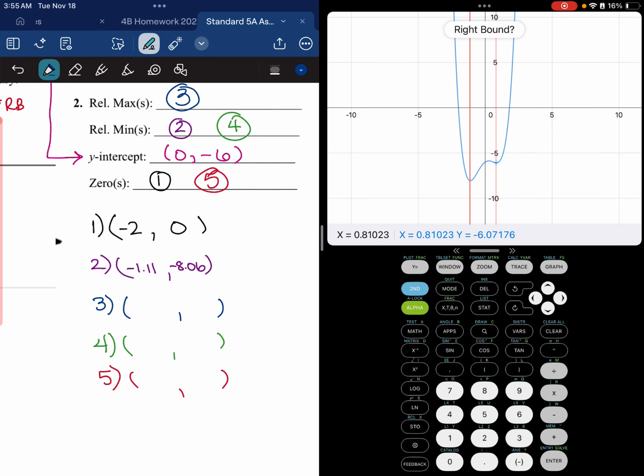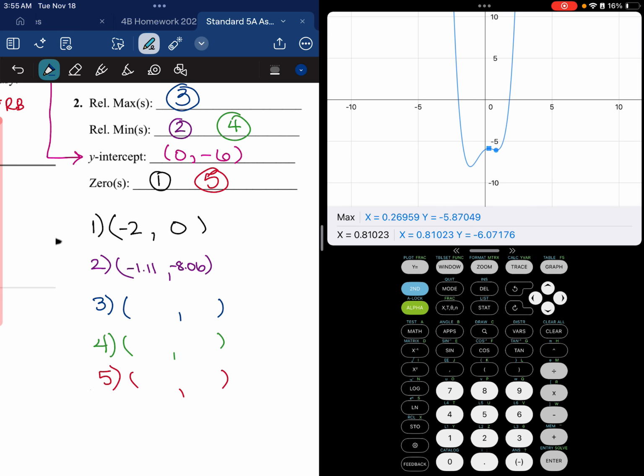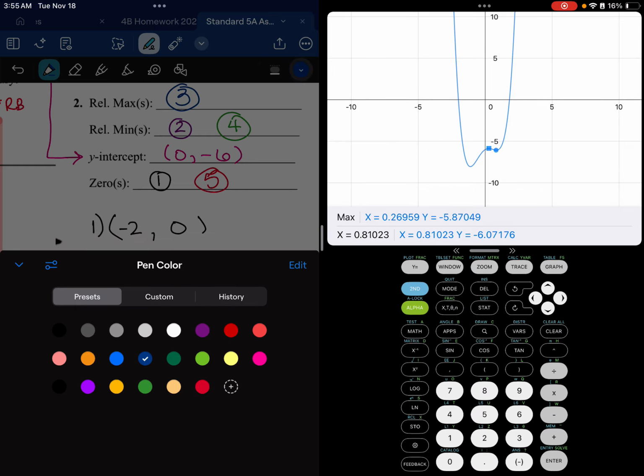Be careful not to go up too high, so I stay a little bit to the right. Crest the hill, hit enter. My answer is 0.27 and -5.87.